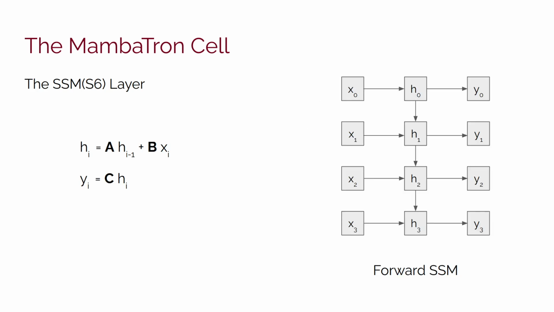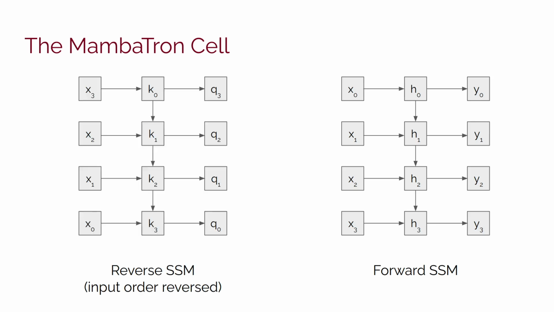So this is a simplified diagram of how an SSM operates. First, it calculates H0. Through H0, it calculates Y0. It also calculates H1. Through H1, it calculates Y1, and so on. So we call it a forward SSM because in computer vision tasks, you're gonna need a forward SSM and a reverse SSM.